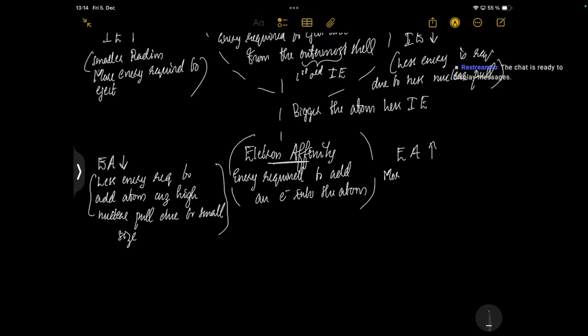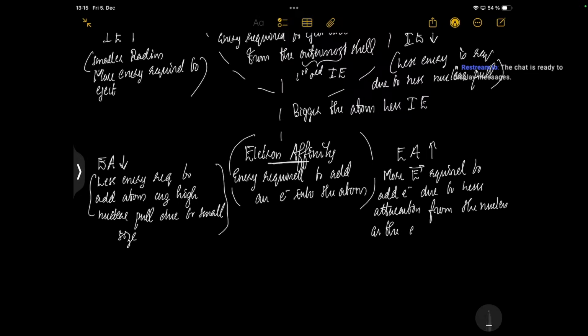More energy required to add an electron due to less interaction from the nucleus as the atomic radius is big.